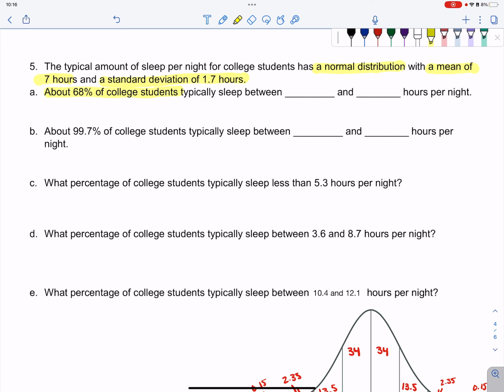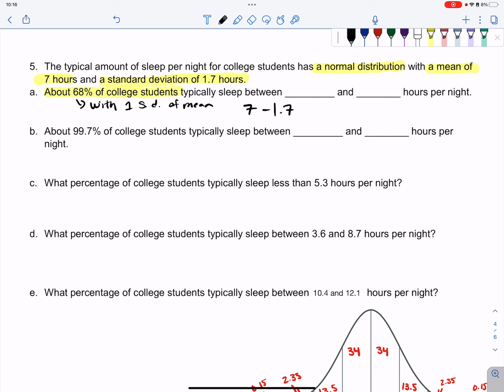night? Well, 68% corresponds, in our normal distribution, to being within one standard deviation of the mean. So if we have a mean of 7 hours, I need to subtract our standard deviation once.